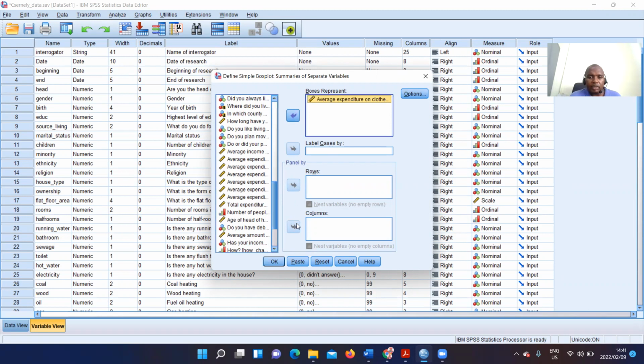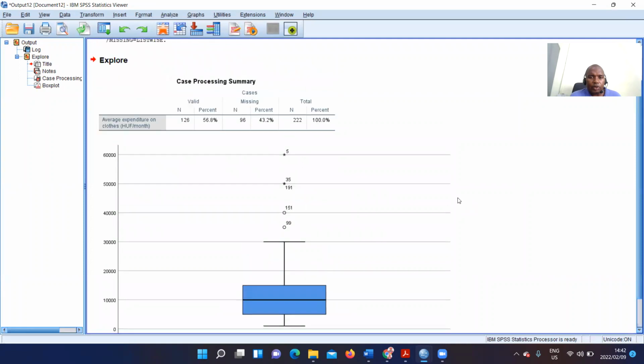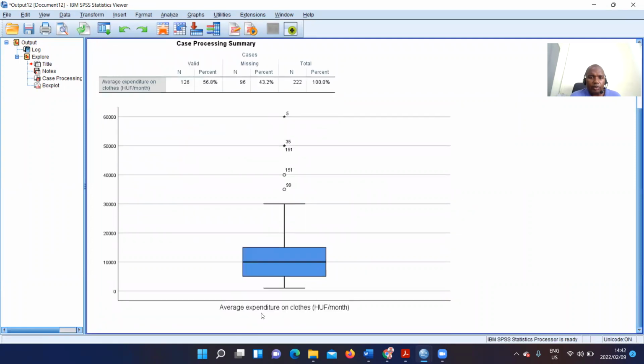As you can see, things are now grayed out there. We click OK there. You realize that the box plot has come up. It's average expenditure on clothes in Hungarian forint. And your box plot is showing you that we have got much of your average expenditure falling around 10,000 Hungarian forint, all other things being equal.